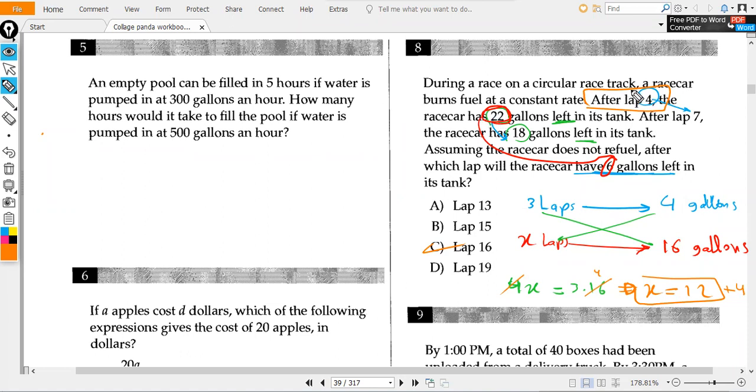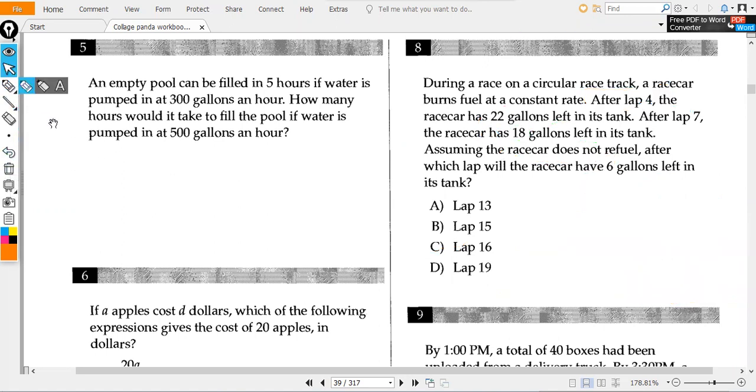So already we have 4 laps and we add to them 12 laps. Okay? Understand it now? Yes. Good. Let's go to the next one.